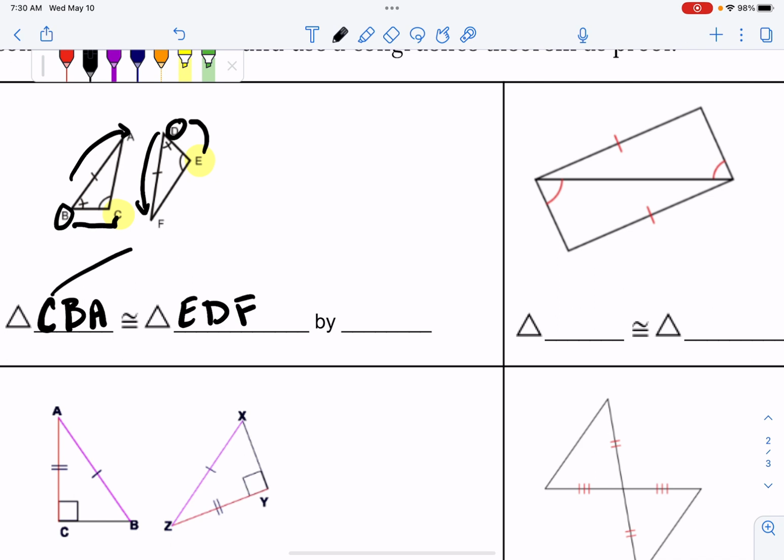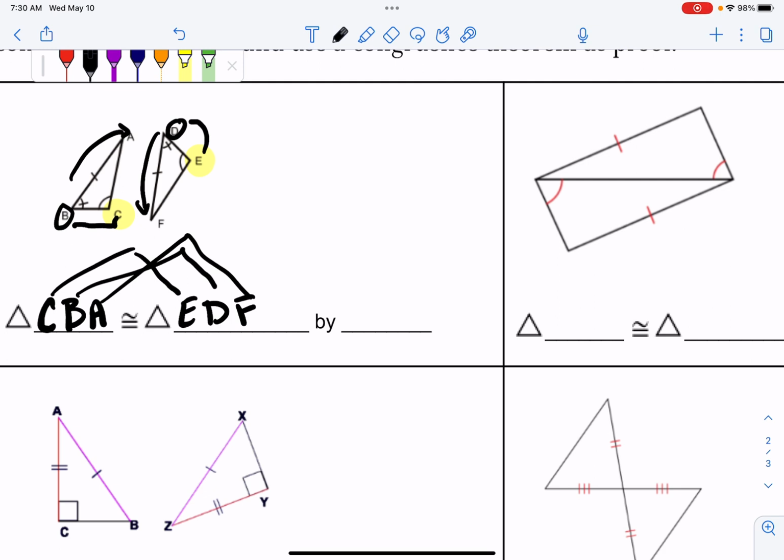And what I mean by that is that C and E are congruent angles. Okay, B and D are congruent angles, and A and F are congruent angles. So that is very important that all of those parts line up correctly.